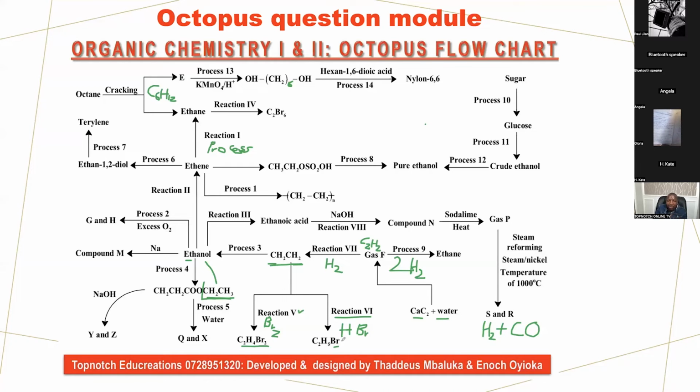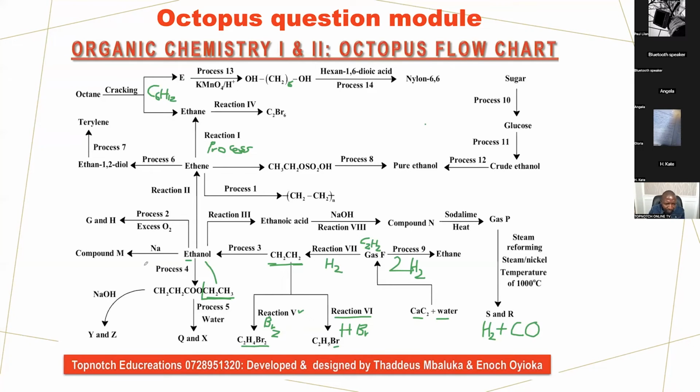Because many students, when they see bromine, say the reagent is bromine. For these two reactions, they are simply called addition. Leave out the many terms like hydrohalogenation, iodination, bromination, just call it addition. And there is no difference even if the examiner uses the word process or the word reaction.